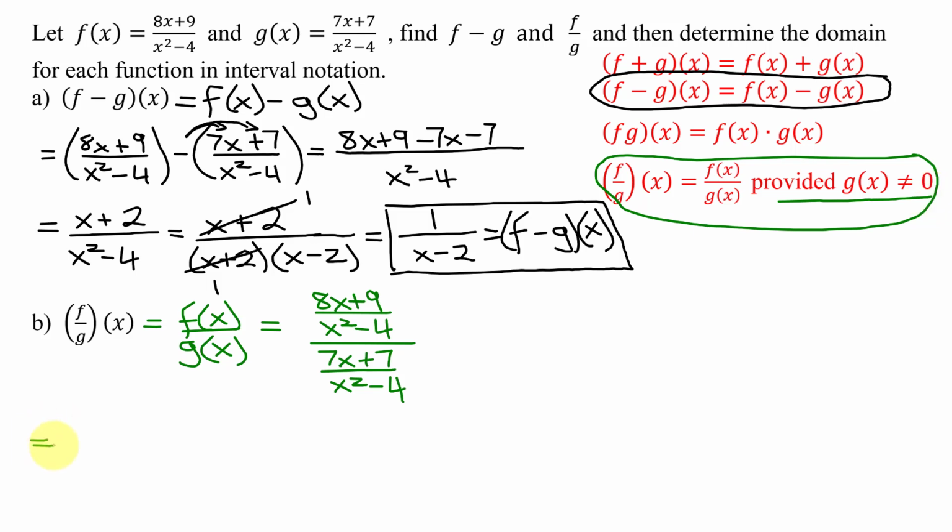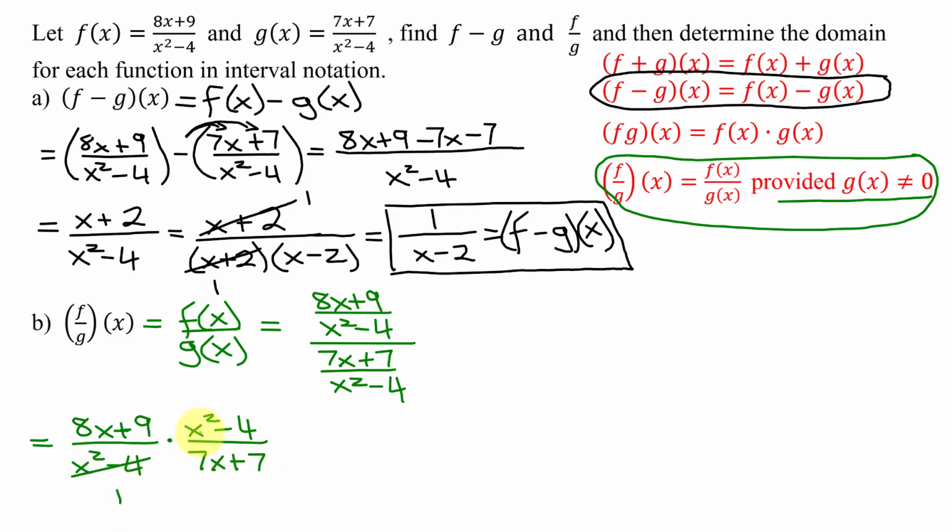So now, to simplify this expression, how do you divide fractions? You take the fraction in the numerator, leave it alone. So I have 8x plus 9 divided by x squared minus 4. You multiply it by the reciprocal of the fraction in the denominator. That means just turn this fraction upside down. So I get x squared minus 4 divided by 7x plus 7.